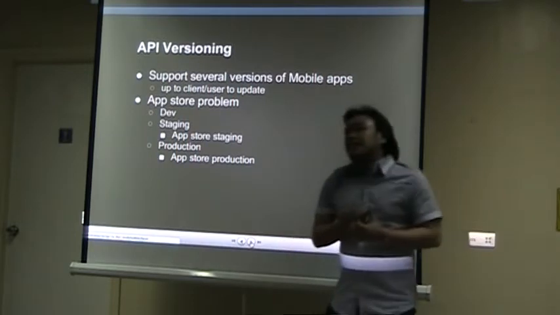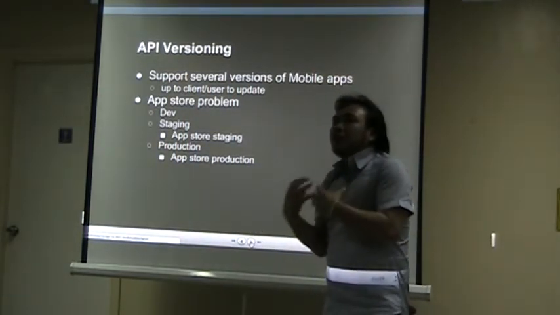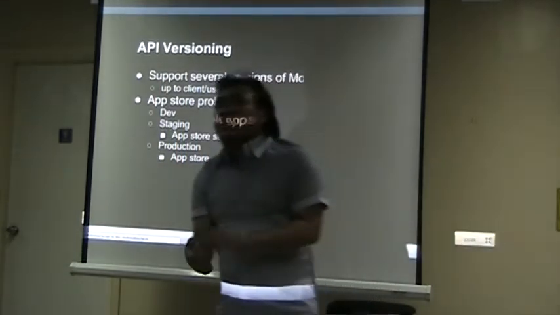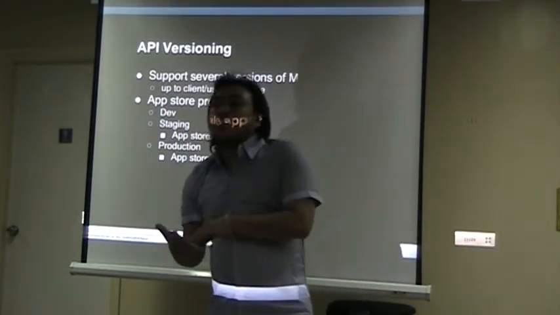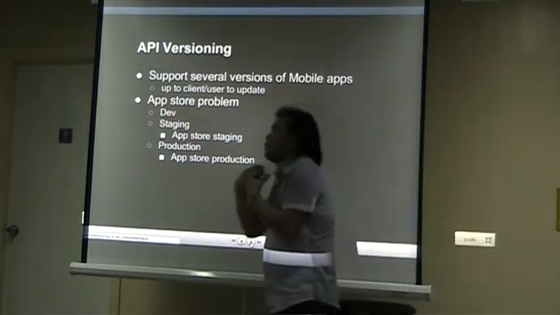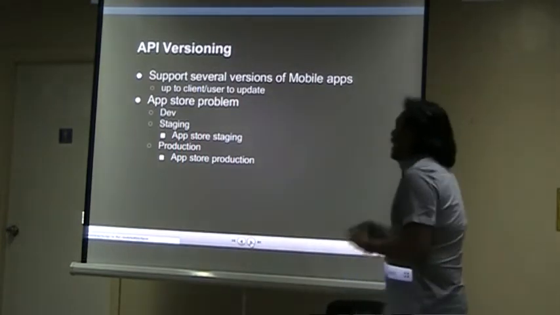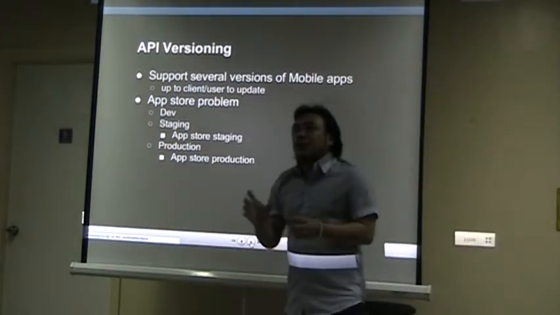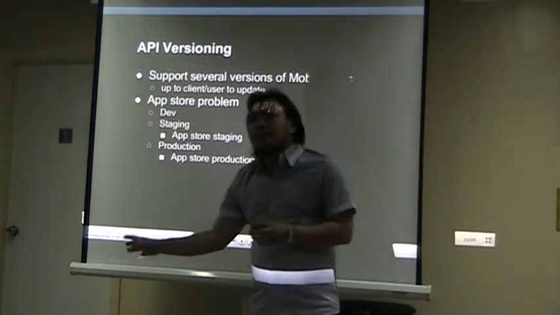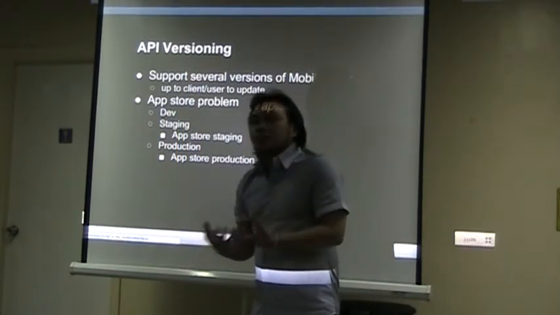But once you submit to Apple, they also need to be able to access your API in order for them to test your mobile app. And then once they've approved it, that goes to production. Obviously, in a real-world scenario, you can have one copy of your app that's already in production, already given to users.